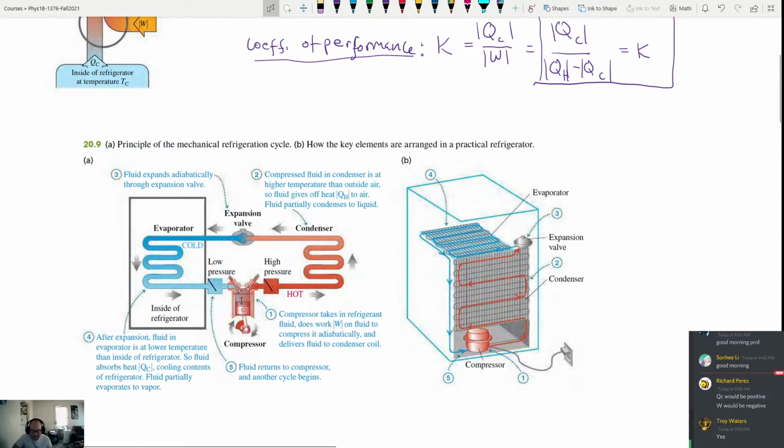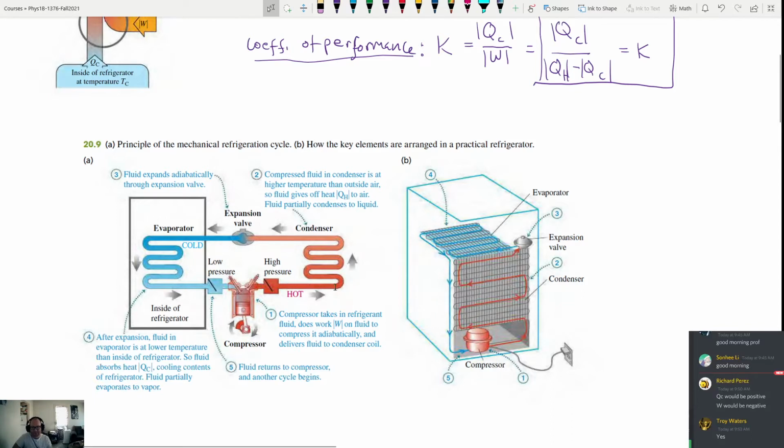So it compresses it. Here's work being done, the external work that's being put into the system by this compressor. It sends the fluid into these pipes over here. Since it was compressed, it comes out as high pressure and hot.